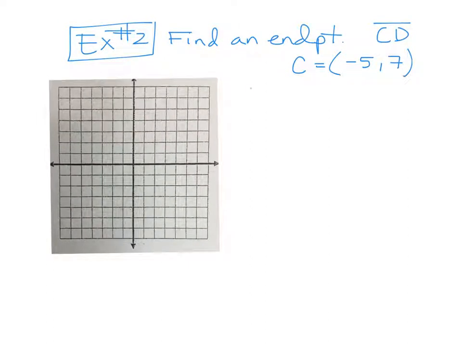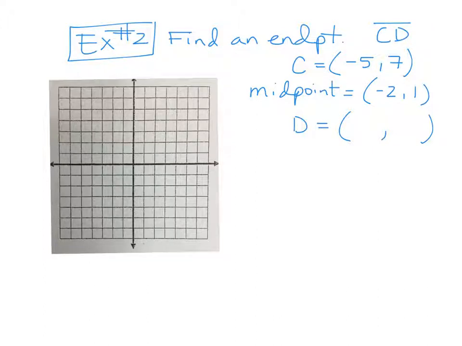And we know the midpoint is -2, 1. Okay, I want to know the other endpoint, D. That's what we're trying to find in this problem. So we have an endpoint, we have a midpoint, we need the other endpoint.